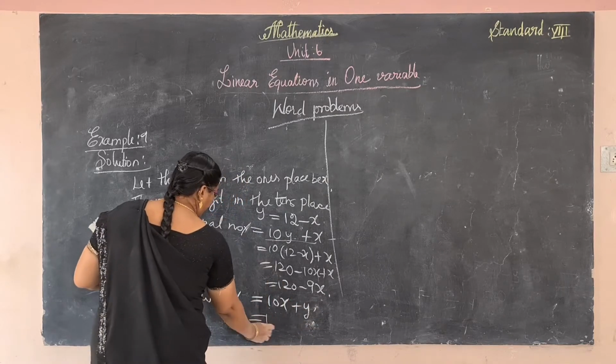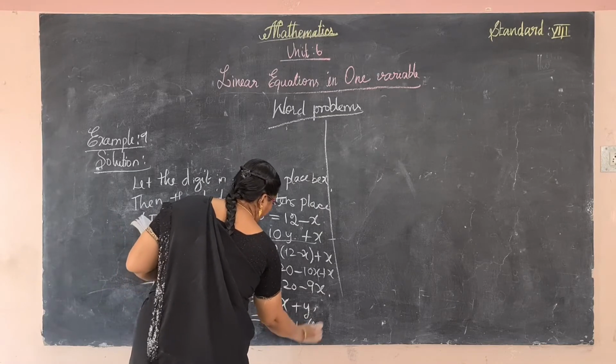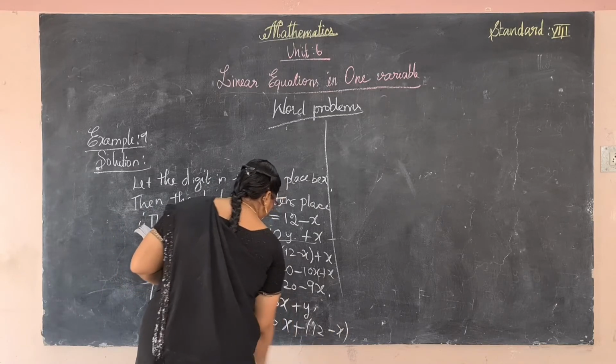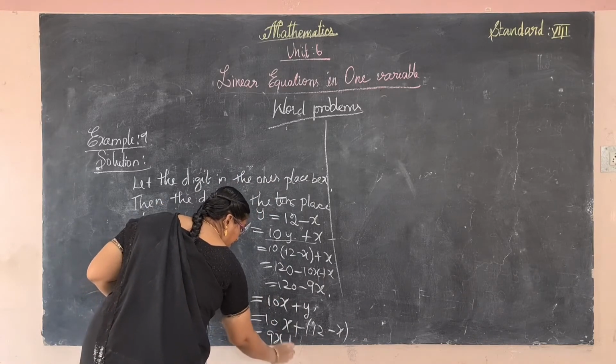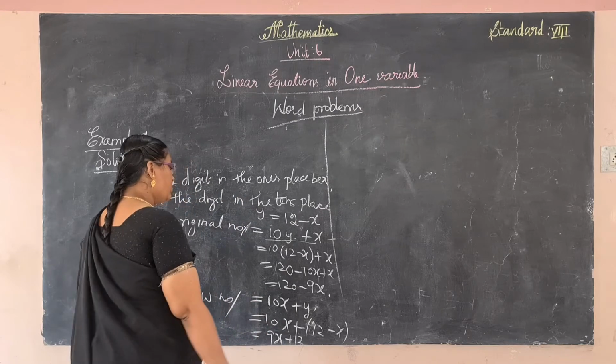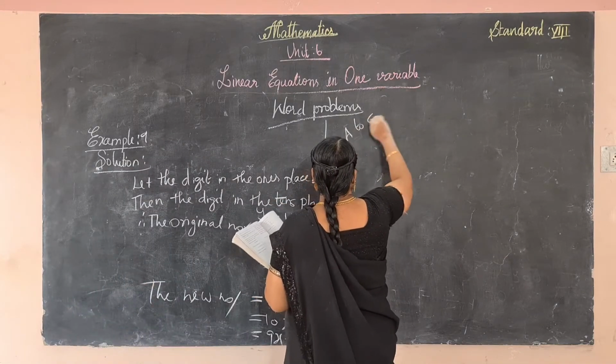So what is the y value here? Plus 12 minus x. So the new number is 9x plus 12, according to the condition.